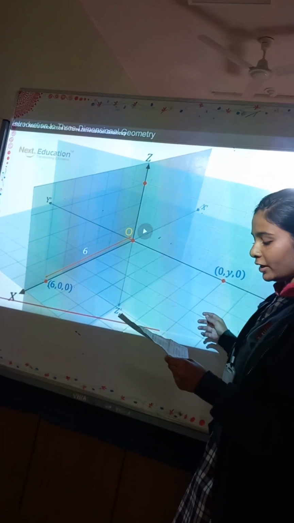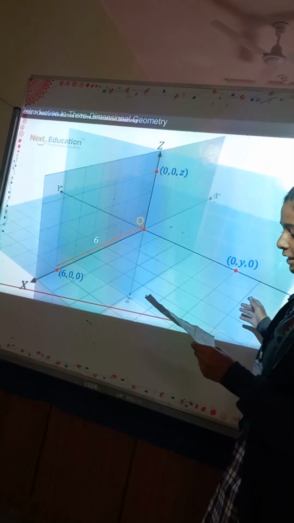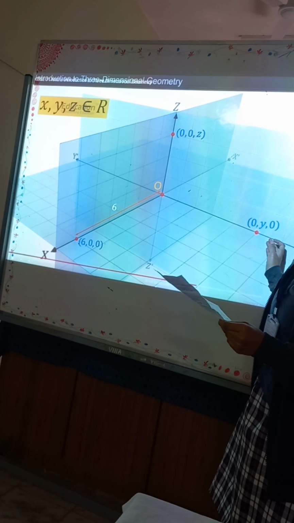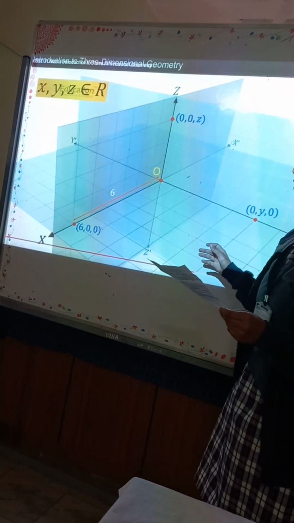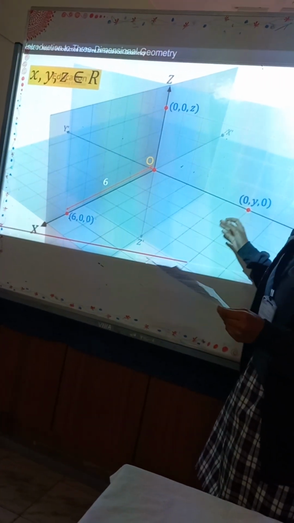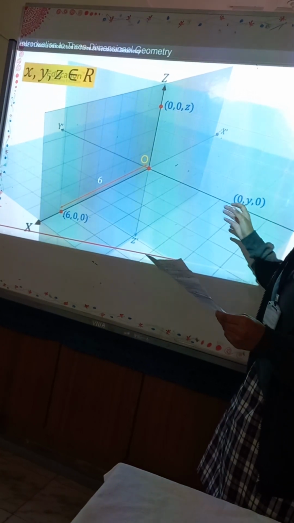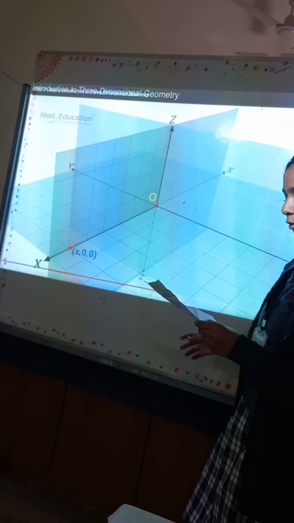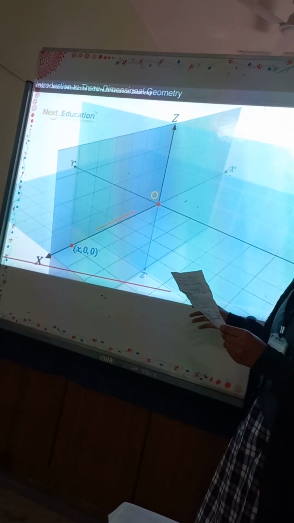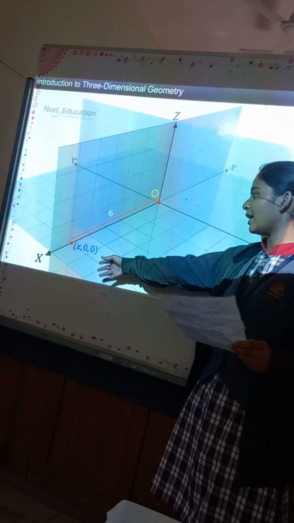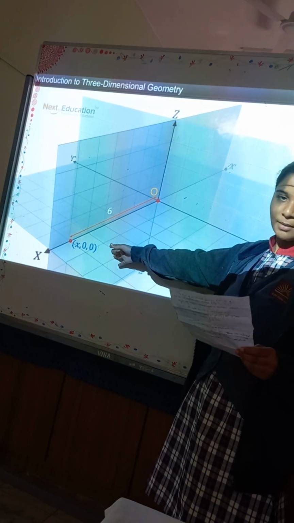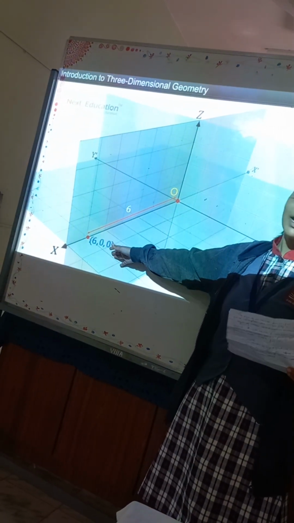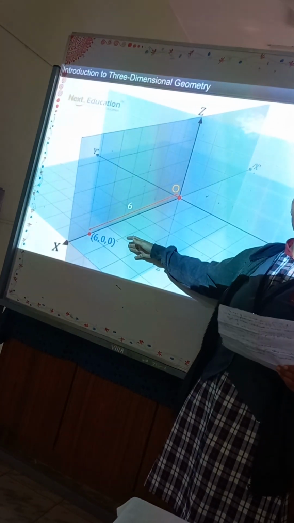Now, any point on the xy plane is in the form x, y, 0. Similarly, any point that lies on the x axis will have its coordinates in the form x, 0, 0. For example, if we are 6 units away from the origin on the positive x axis, then the coordinates are 6, 0, 0.